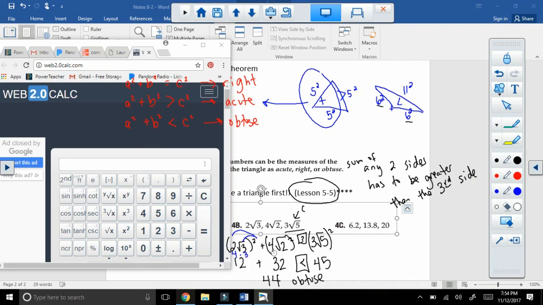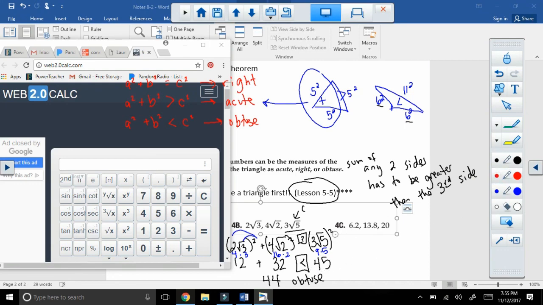For this one here, I have 4 squared, which is 16, times the square root of 2 squared, which is 2, and you have 32. And then the last one, 3 squared is 9, square root of 5 squared is 5, and that's how you get 45. So either make sure you know how to do it on your calculator, or you can do these in your head. It doesn't matter to me as long as you're able to get the right answers.